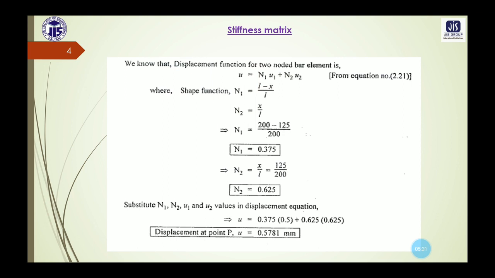So to calculate the value of N1, we need to put the value of L, which is the actual length of the bar, 200 millimeter. The value of X we have calculated as 125 millimeter. So putting all these values, we are getting the value of N1 as 0.375. Next, putting the value of X and L, we can calculate the value of N2, which we are getting as 0.625.